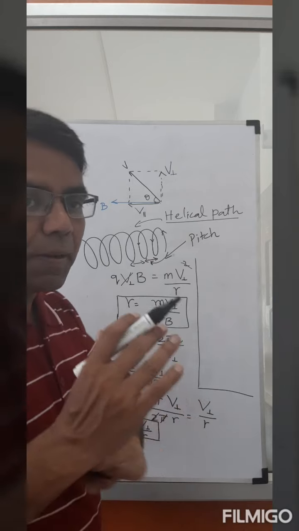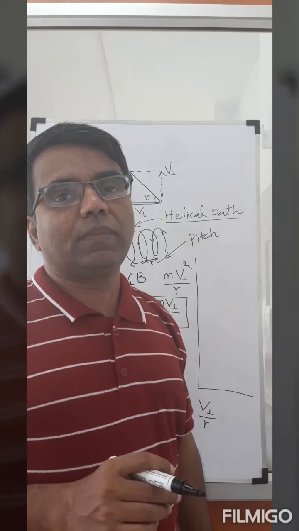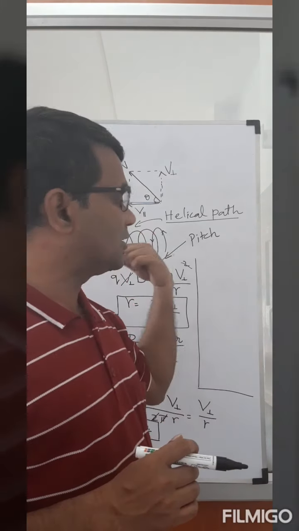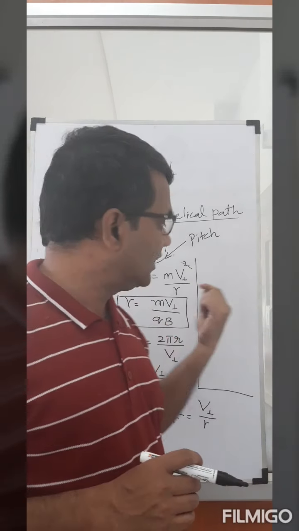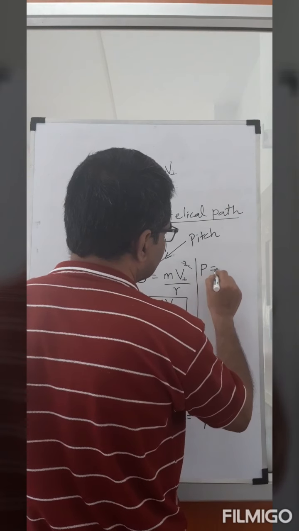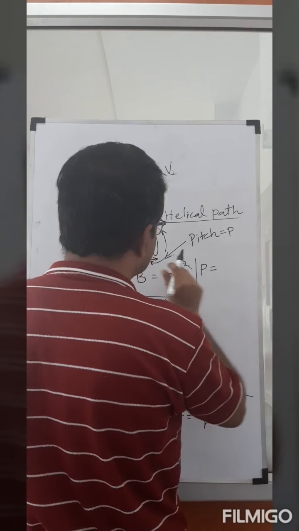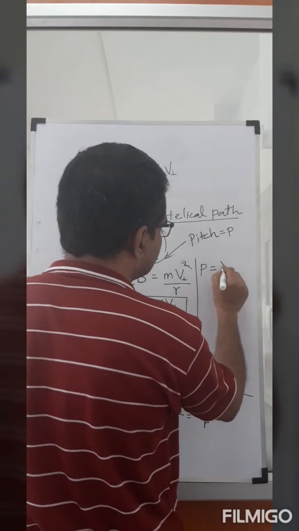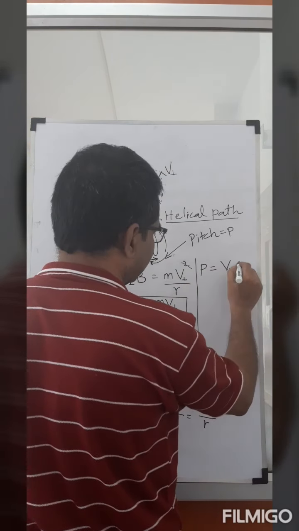I need to take the parallel component of the speed, and if I multiply that with time, then I get this pitch. So the pitch P is equal to v parallel multiplied by the time.